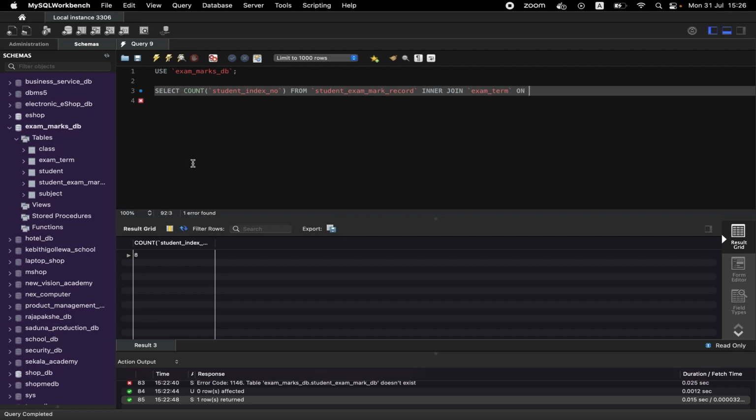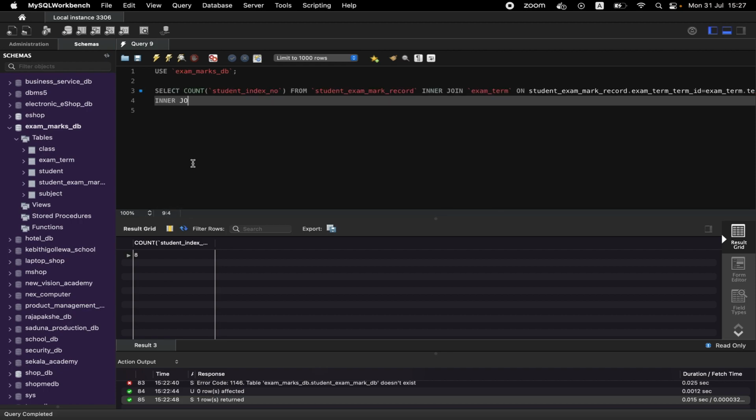So join these two tables using student exam mark record exam term id equals exam term dot term id, and again inner join with the subject because we need the subject as well, on student exam mark record subject id equals subject dot subject id.